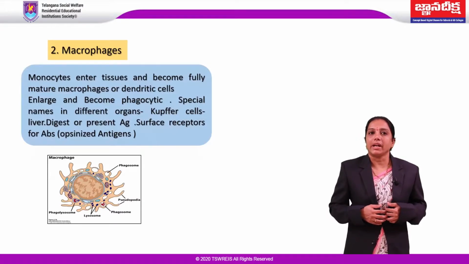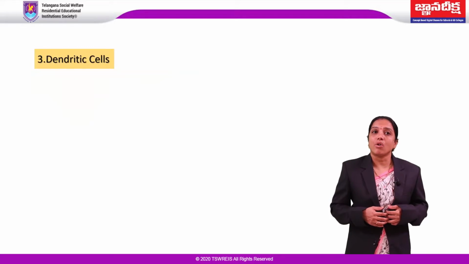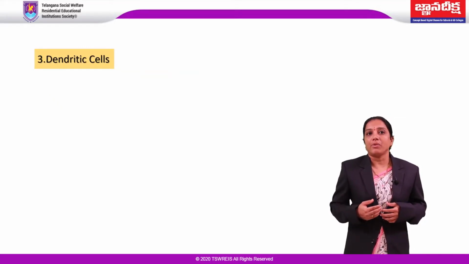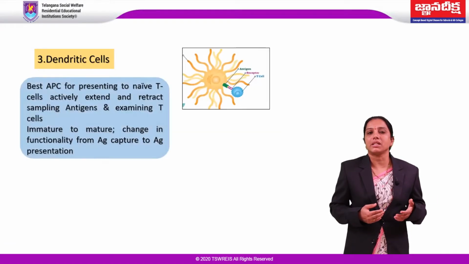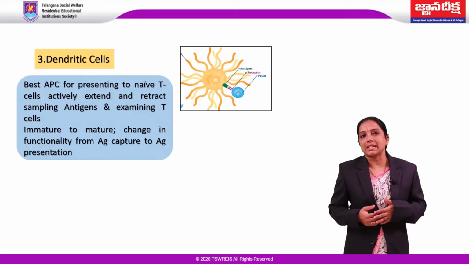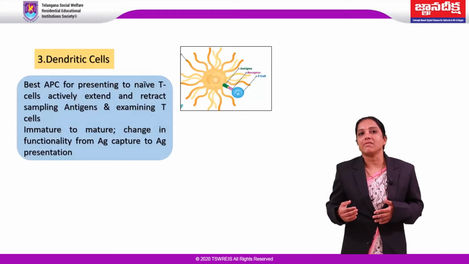And next is about dendritic cells. Dendritic cells originate from the lymphoid progenitor from the bone marrow itself through the hematopoiesis process, and they are the best antigen presenting cells, and they are also called accessory cells. The main function is to process the antigen and present the antigen on the cell surface to the T lymphocyte or T cell.